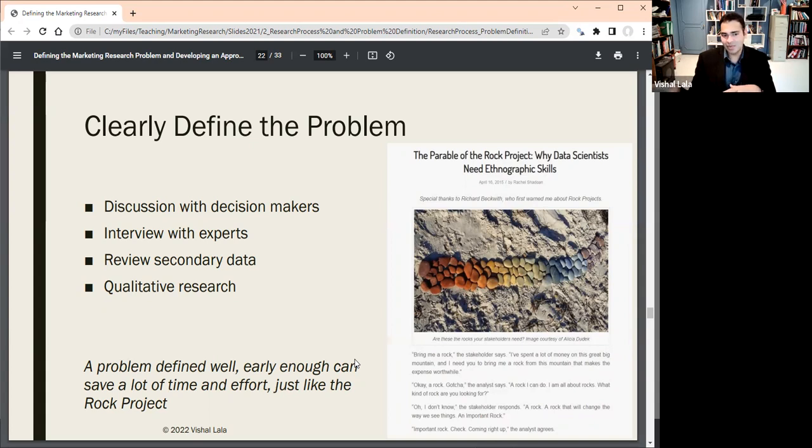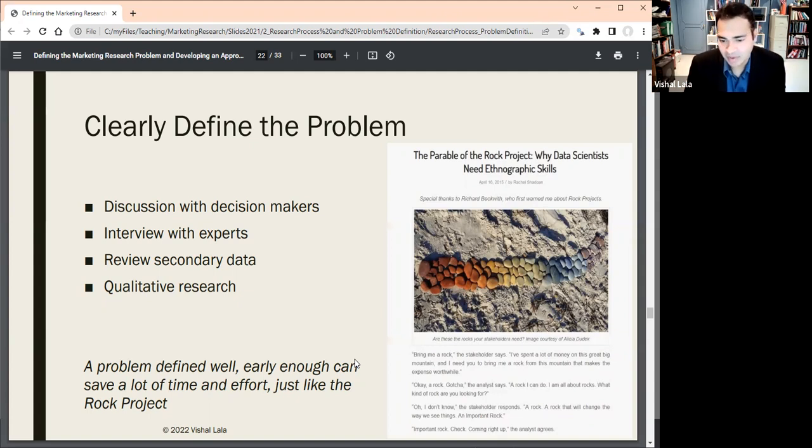It's a very special kind of rock. And they went back and forth like this. She would go back to the mountain, take up a rock, come back. He would reject it. Eventually, the stakeholder's patience ran out. So did the analyst. The stakeholder thanked the analyst for her work and sold the mountain.